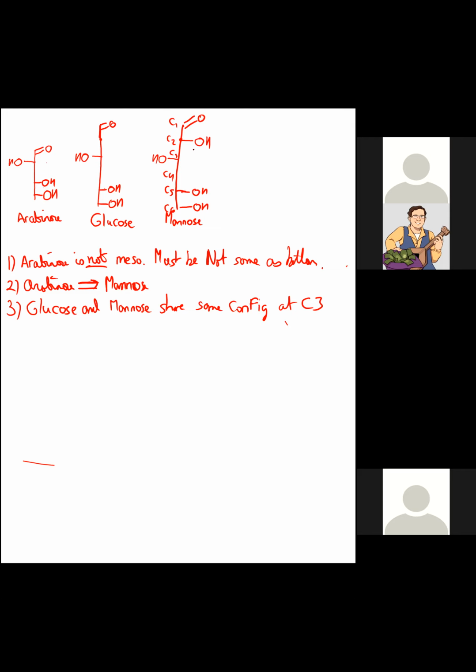So if mannose had this OH to the right, I'm going to actually change color. Let's just think about this for a second. Then glucose would have to have this to the left because we know they differ at that point. But we know they have to be the same at this point here.